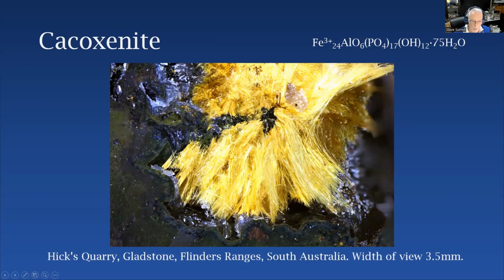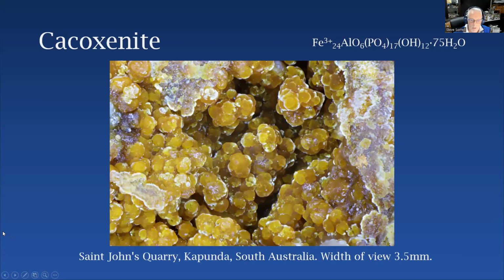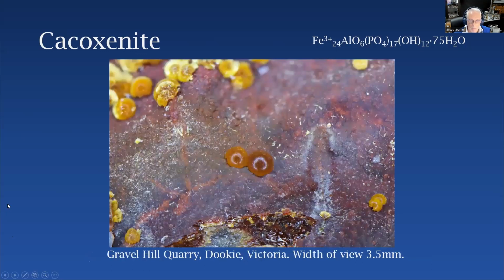So in this case, we've got from the Hicks quarry in South Australia, typical sort of yellow fibrous crystals of Cacoxenite. It also occurs in sort of globular masses, such as this one at St John's quarry in Kapunda. St John's is, I think, one of the ones that is filled in these days, so there's no access to any material there anymore. A lot of these are from older collections.